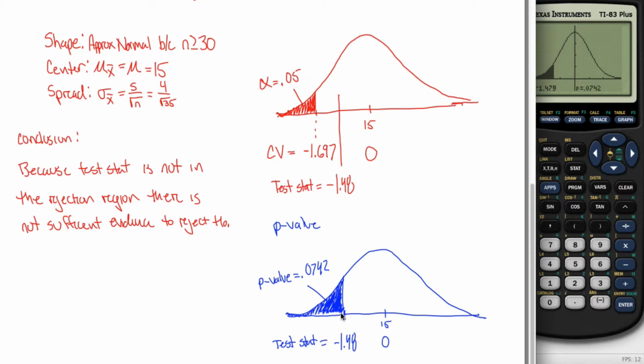The way you draw your conclusion when you're doing p-value testing is you compare your p-value and alpha. Anytime your p-value is greater than alpha, like it is in this case, because 0.07 is greater than 0.05, there is not sufficient evidence to reject the null hypothesis. Same thing I said above.